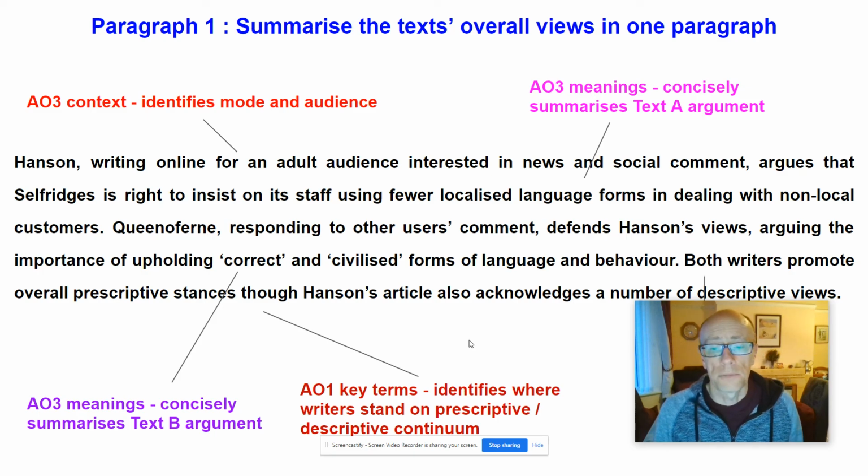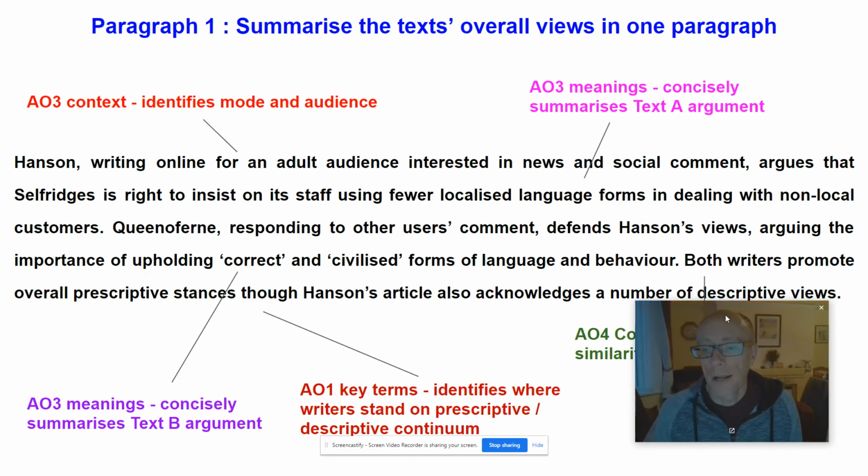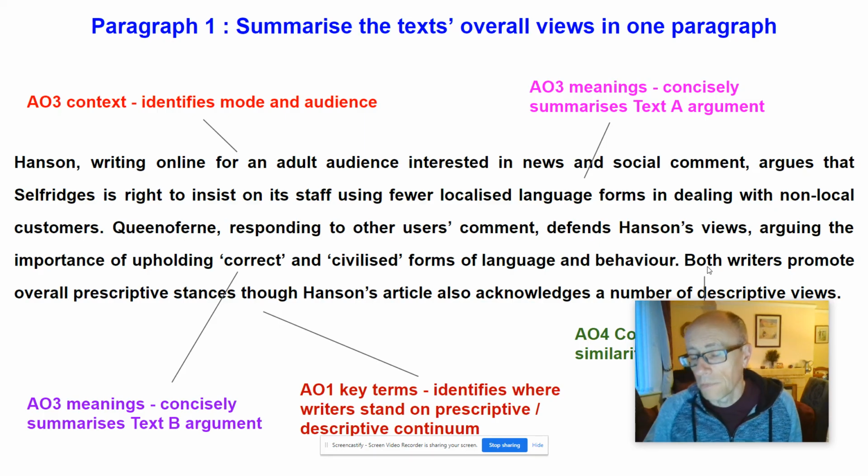It's making a comparison between them. And the use of the adverb "both" there shows that this is doing AO4, it's doing comparison. So there are not many words here, but it's doing a lot, and it's hitting all of these AOs that you want to. So that's what you want to try and do in your opening paragraph for any kind of question 3 answer.